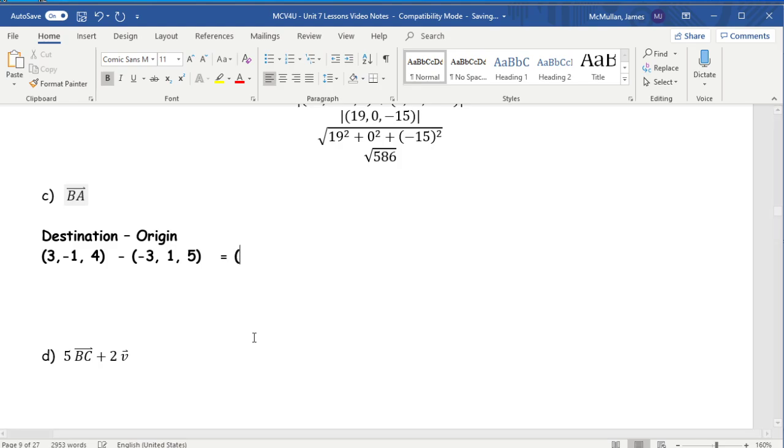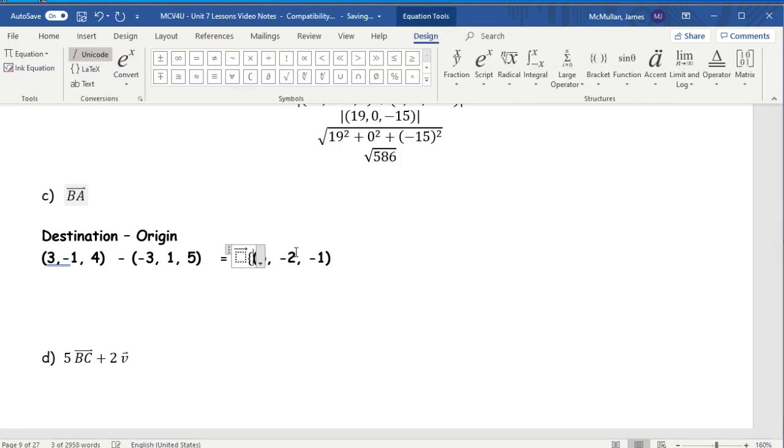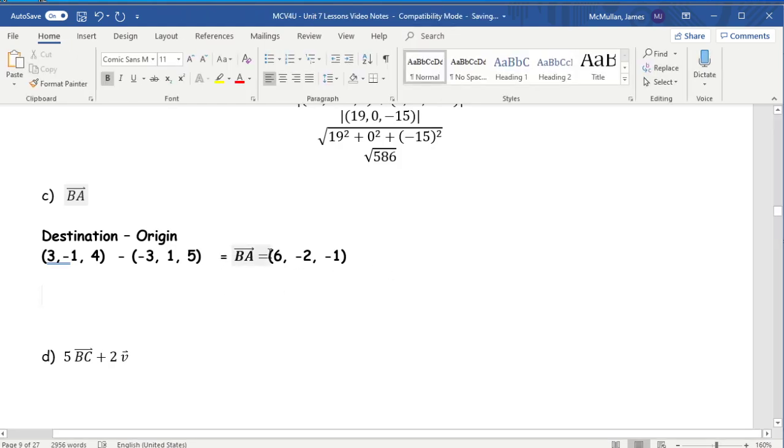To subtract those two, you get 3 take away -3 is 6. -1 take away 1 is -2. 4 take away 5 is -1. And so there's my vector. Vector BA is 6, -2, -1.